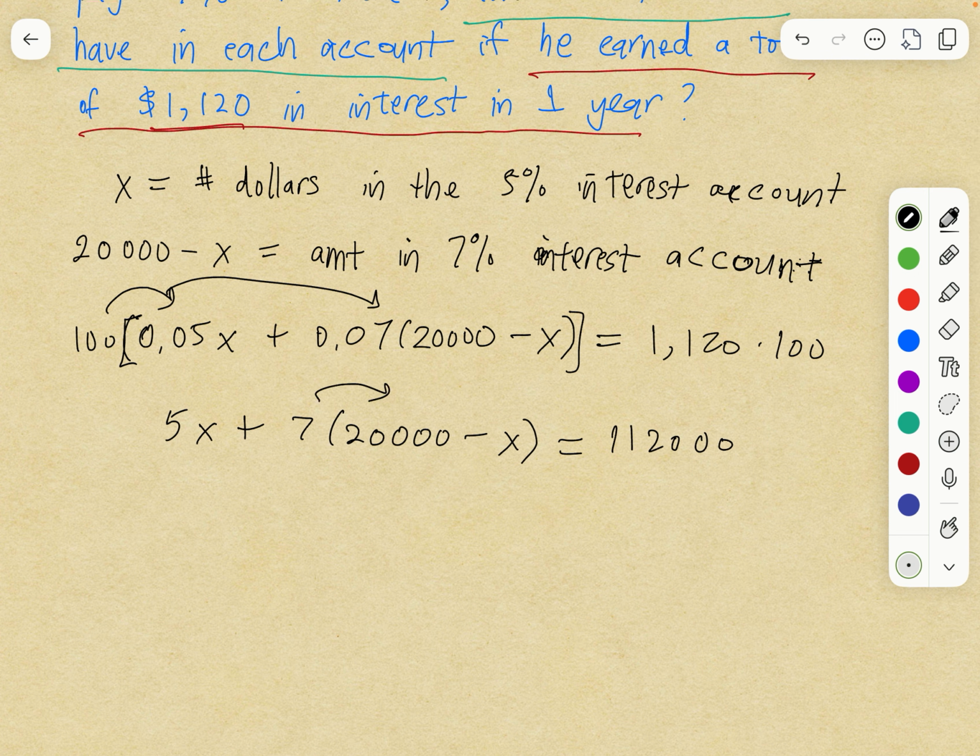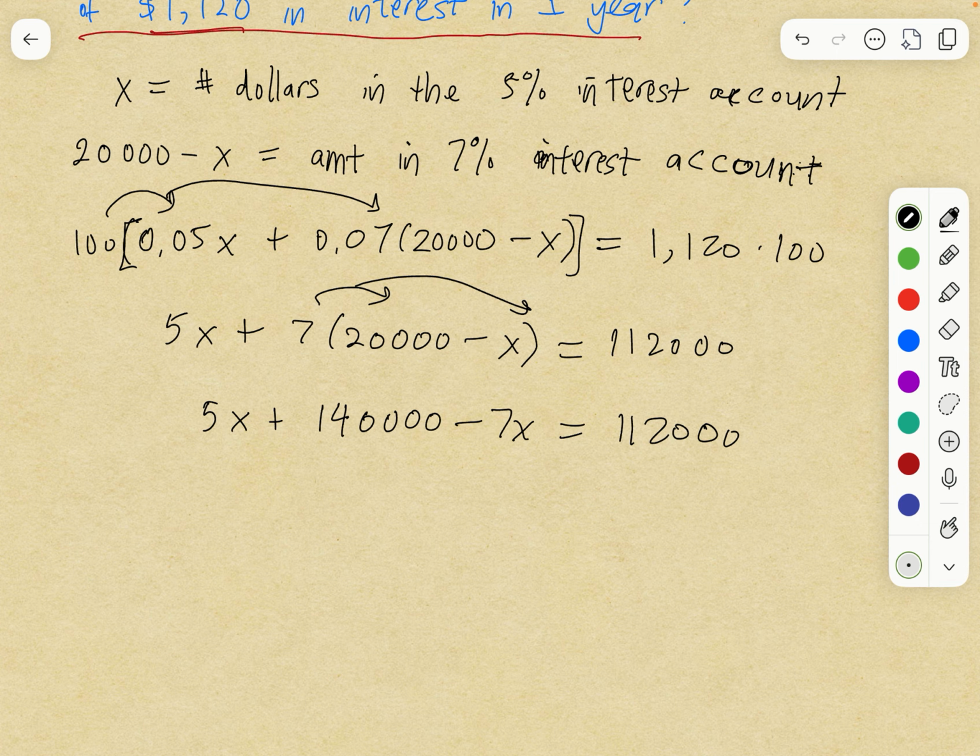Now I need to get X by itself, so I'm going to distribute the 7, so I get 5X plus 140,000 minus 7X equals 112,000. And then the 5X minus 7X, I can combine to get negative 2X.